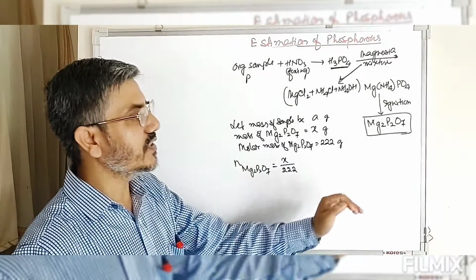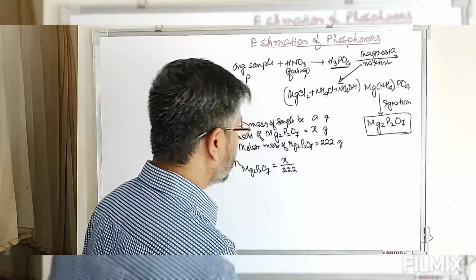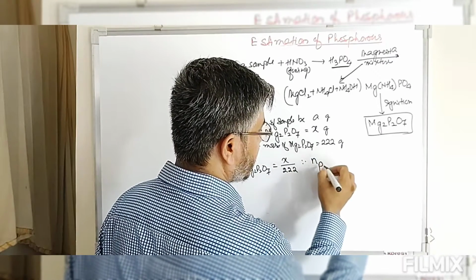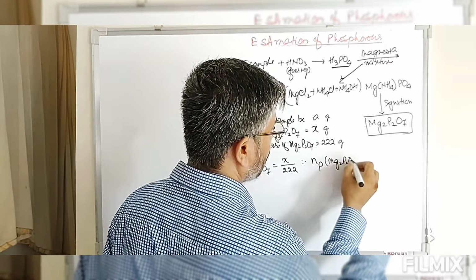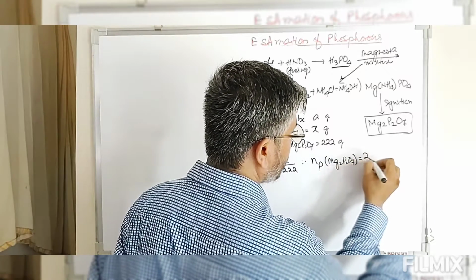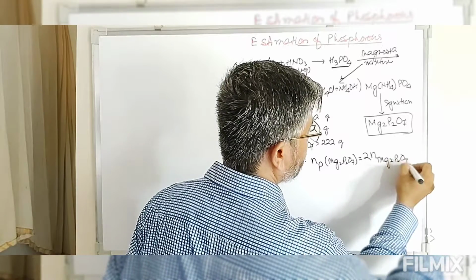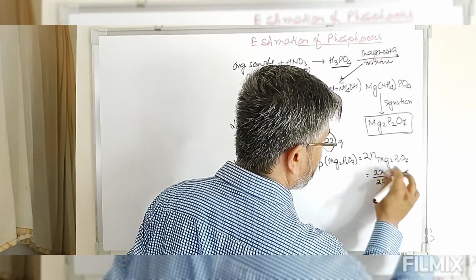Now look at this. One formula unit of magnesium pyrophosphate contains 2 phosphorus. Therefore the number of moles of phosphorus in Mg2P2O7 is equal to 2 times the number of moles of Mg2P2O7, so this is 2 times X divided by 222.